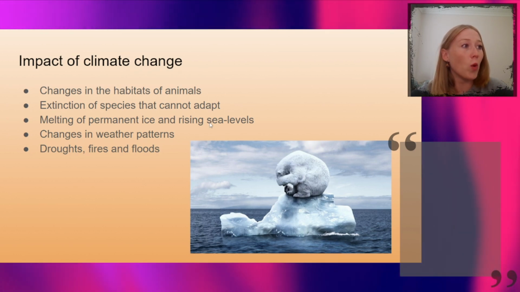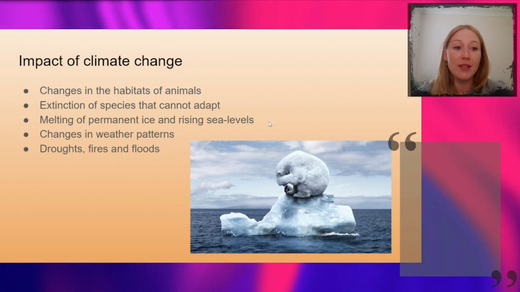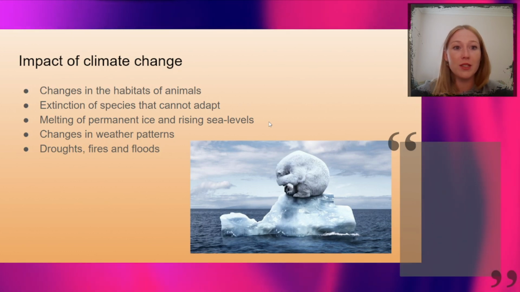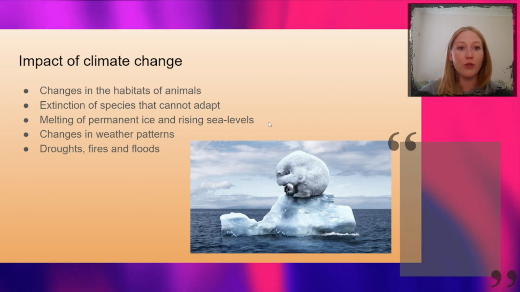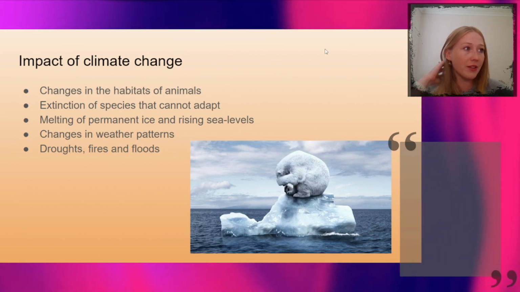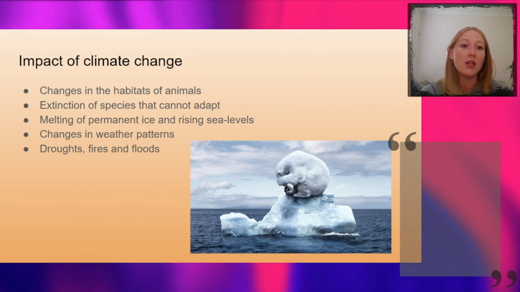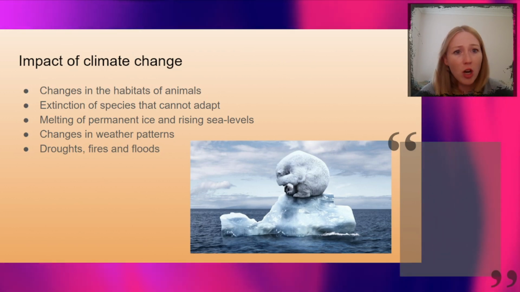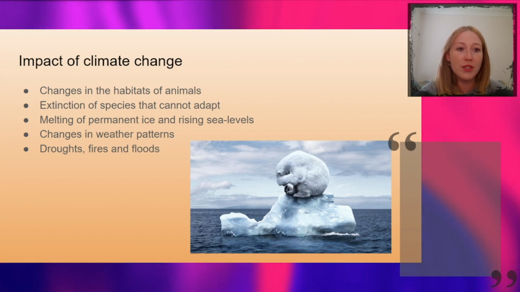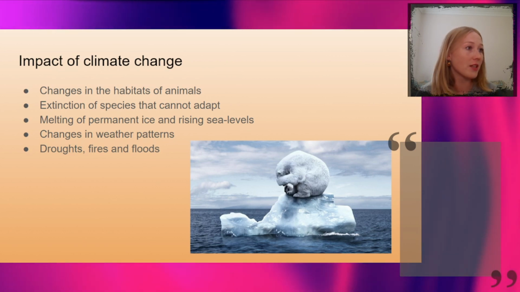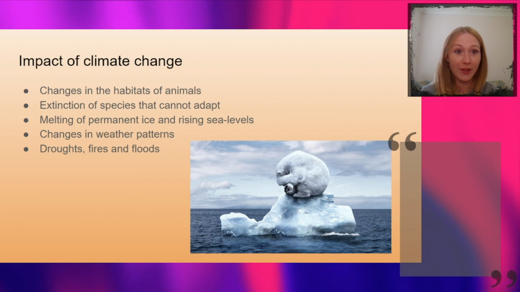We are seeing more ice melting, which means rising sea levels. And rising sea levels, it sounds so vague, but we have a huge portion of the human population that lives on coastlines, and they live in this area that could be at risk of rising sea levels, which means that people would not only be forced to move from their homes, we would have a lot of businesses, industries, farms, all of these things at risk of flooding, losing a lot of our natural resources, and in a lot of cases, there is nowhere else to go.